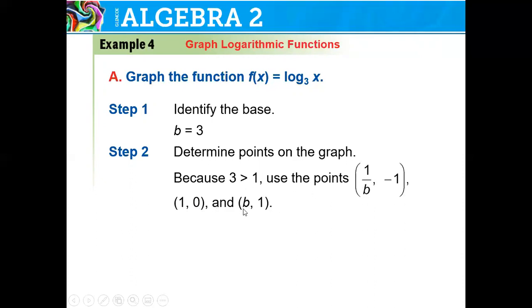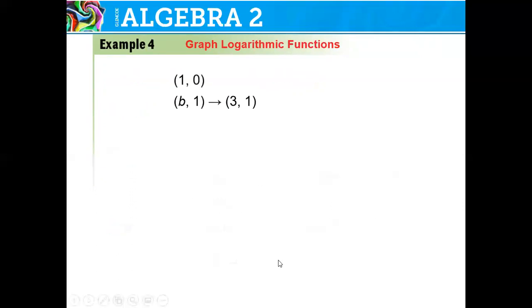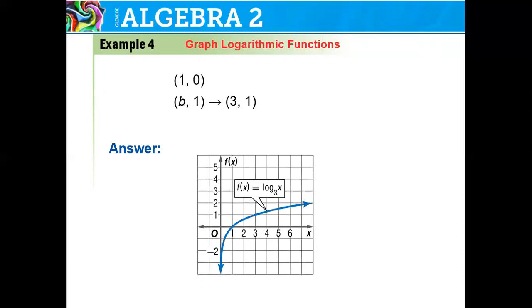So you will replace b with your 3. Doing that, you will have the points (1 over 3, -1), (1, 0) stays as it is, and finally (3, 1).